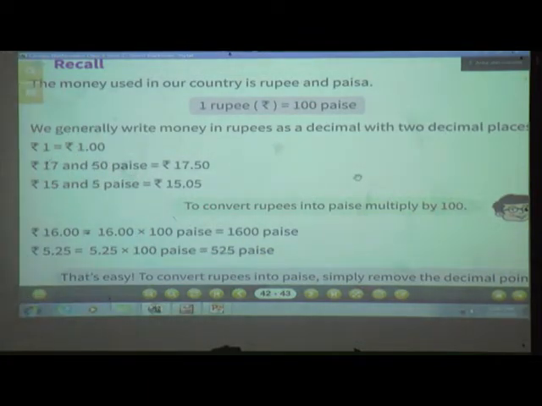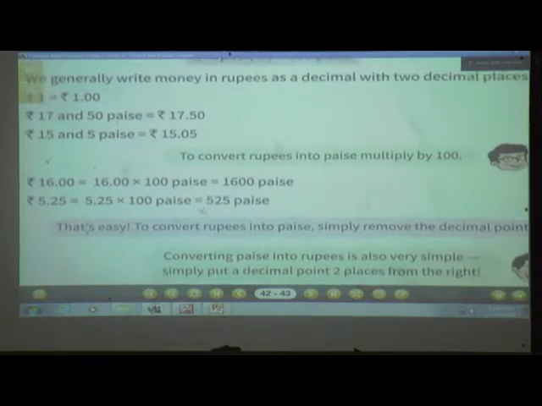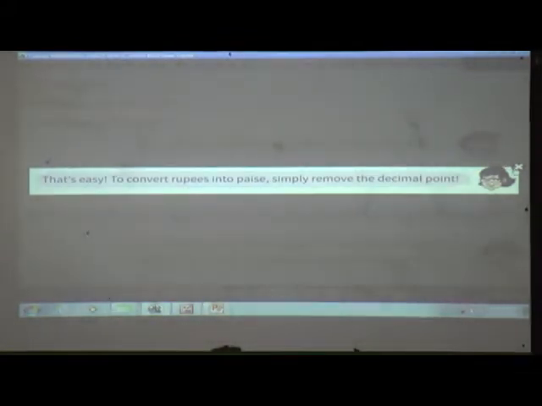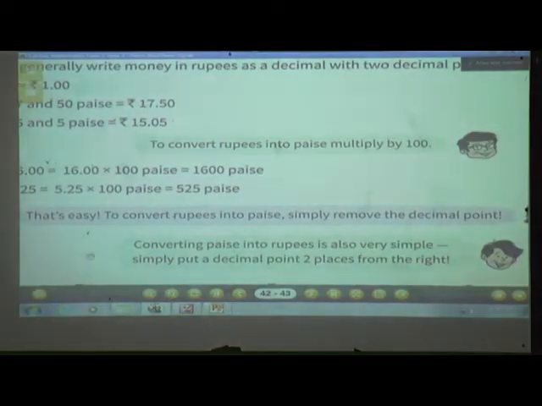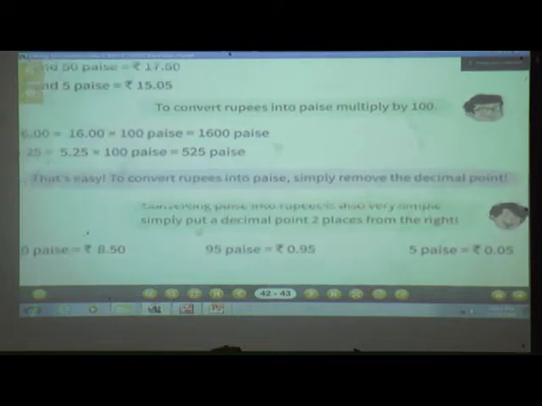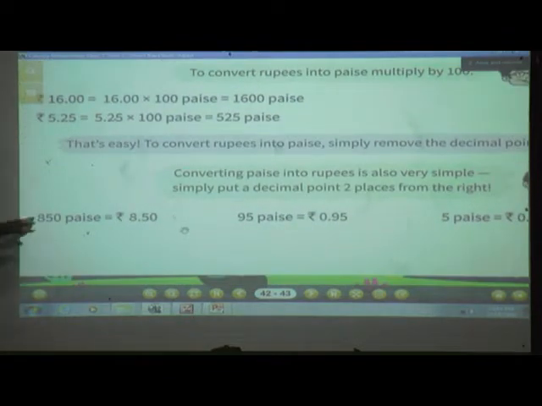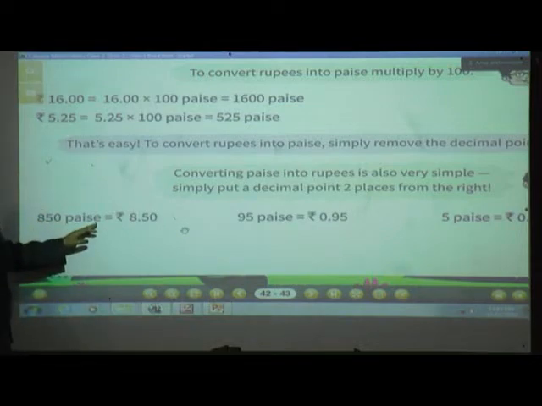Students, that's easy, na? Yes. That's easy to convert rupees into paise. Simply remove the decimal point. Yes. Now converting paise into rupees is also very simple. Simply put a decimal point 2 places from the right. Okay. Here 850 paise.